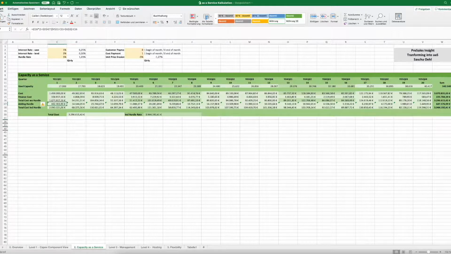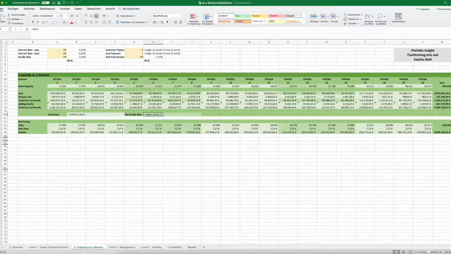So we're calculating it basically exactly as the hurdle rate and adding it up. Now we have everything together. We know all the costs. So we have a total cost of 3.2 million, including the hurdle rate and all the other stuff. We have a cost like 3.944 million, which is basically kind of 4 million. This is now giving us the cost that we have to carry over the period.